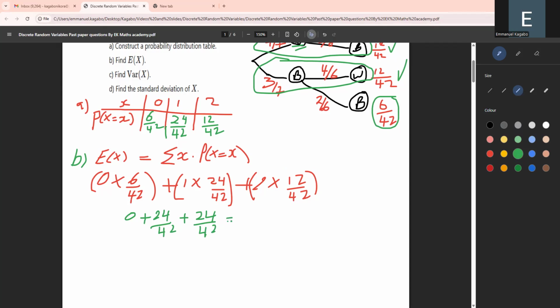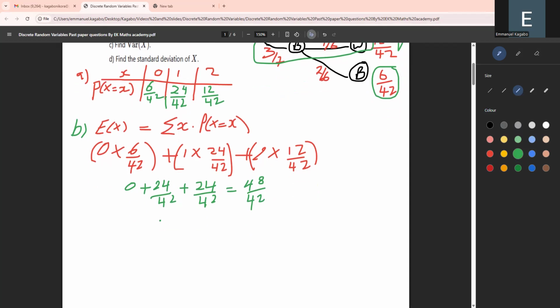That means when I add my numbers, I'll get 48 out of 42 altogether, guys. Then you simplify by 6. If I divide by 6, I'm going to have 8 over 7, right? I've simplified. I've just divided 48 by 6, I'll get 8. 42 by 6, I'll get 7. That is it. This is it, my expected value. Altogether, guys? I hope you understand that.